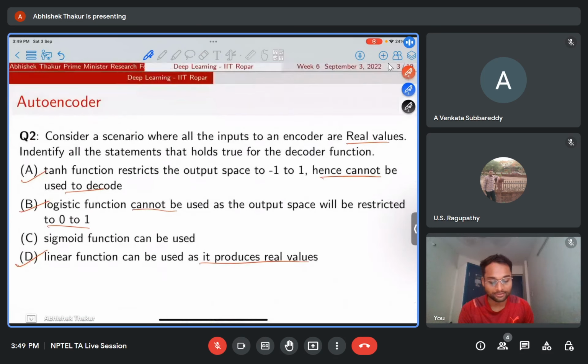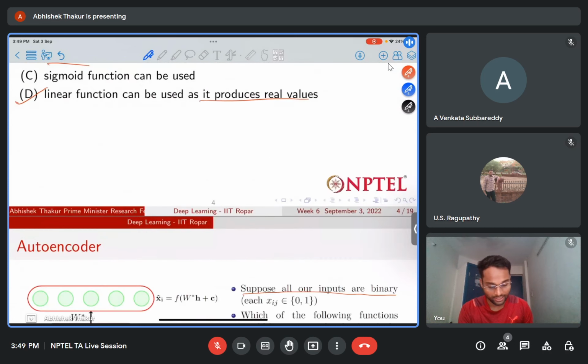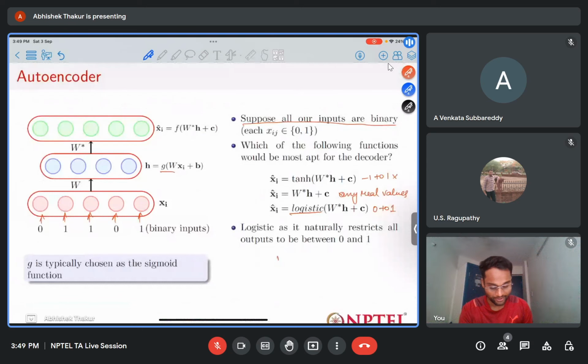After that, we saw which functions are the most appropriate for the decoders. For real inputs, the linear function is the most appropriate for the decoder, because logistic restricts the output between 0 to 1 and tan h restricts the output between minus 1 to 1.